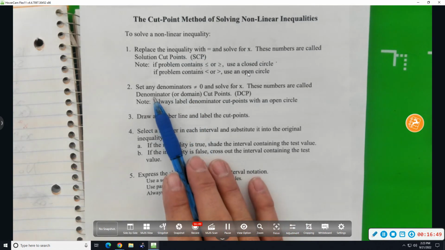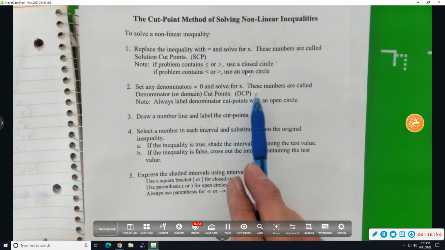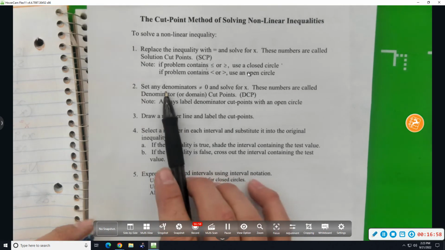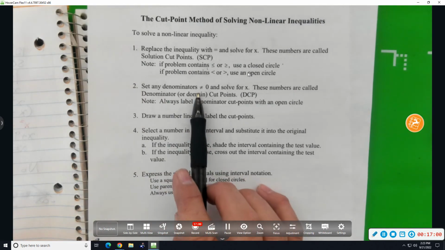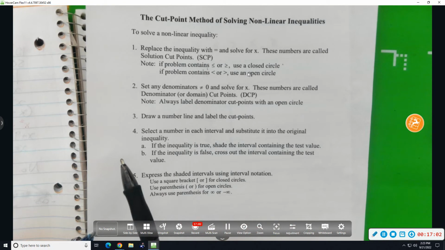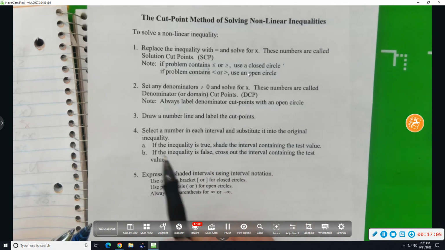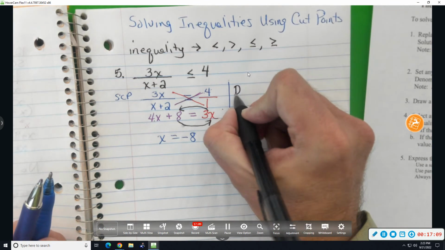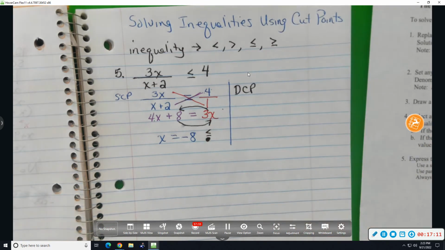I like denominator cut points as the name, though. They'll be abbreviated DCP. So let's read what it says. Set any denominator you have not equal to 0 and solve for x. These numbers are called denominator cut points. We've already found denominator cut points, we just weren't calling it that.